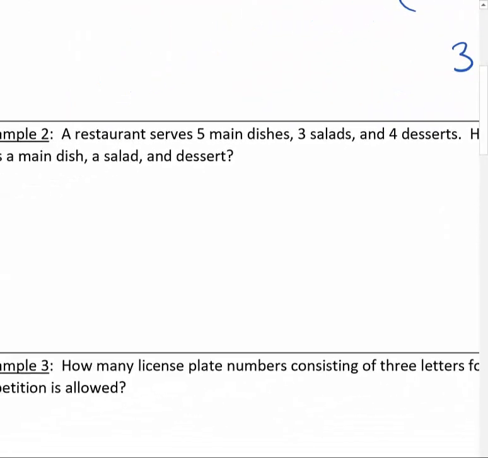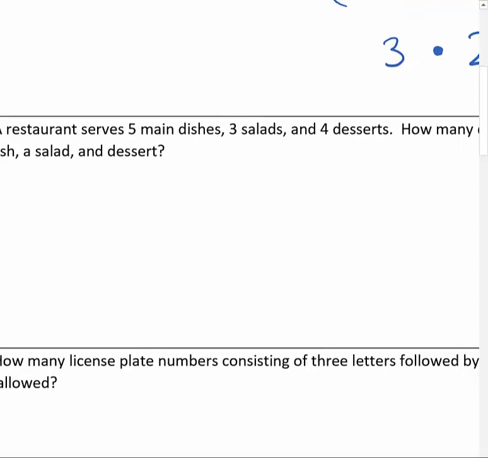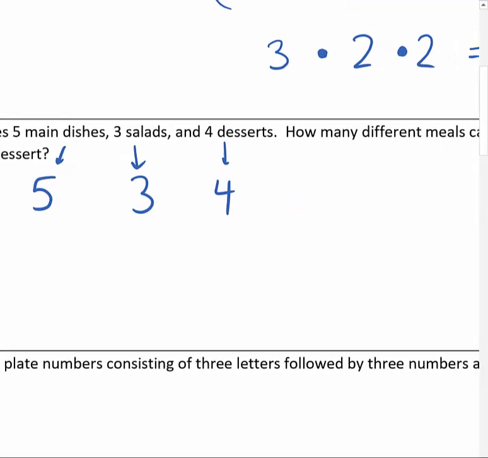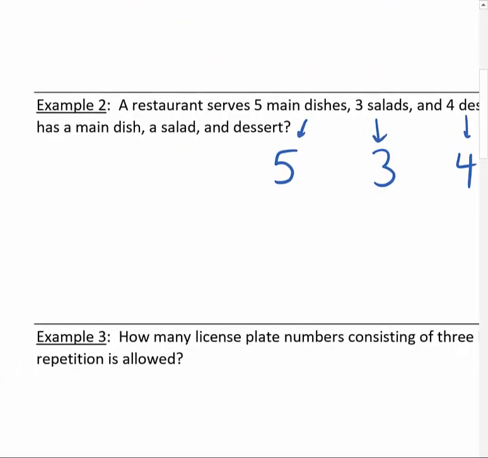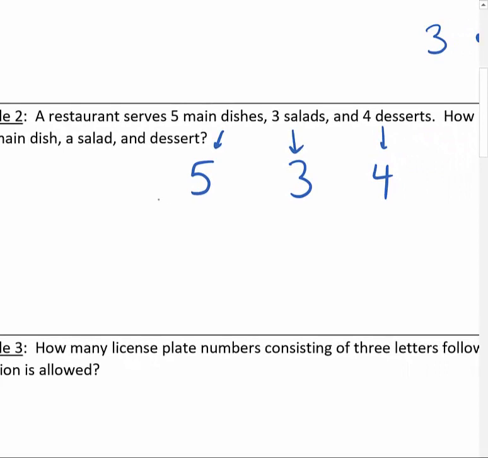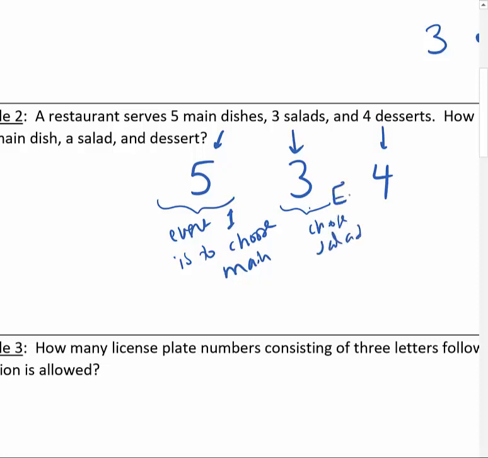A restaurant serves 5 main dishes, 3 salads, 4 desserts. They want to know how many different meals can be ordered. You don't have to write this out, but you could say event 1 is to choose the main, event 2 would be choose the salad, and you can even make it shorthand by writing E2, and then event 3 would be to choose the dessert.